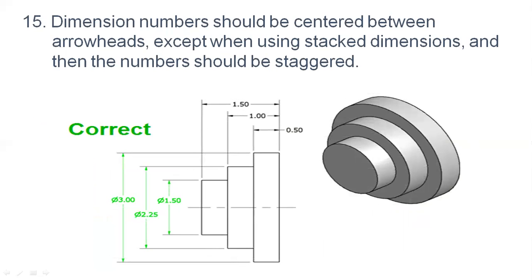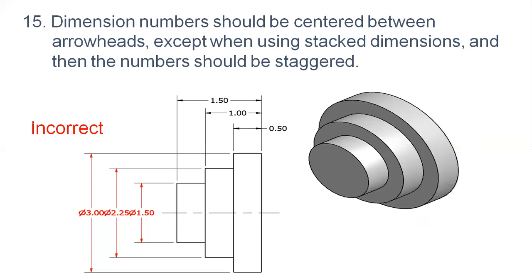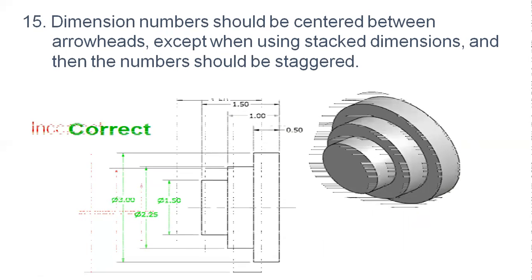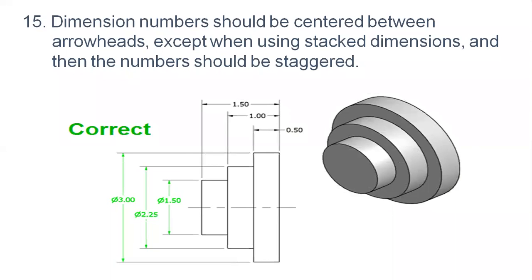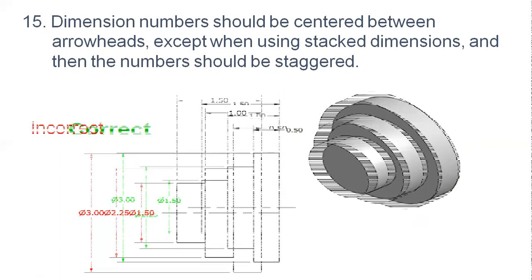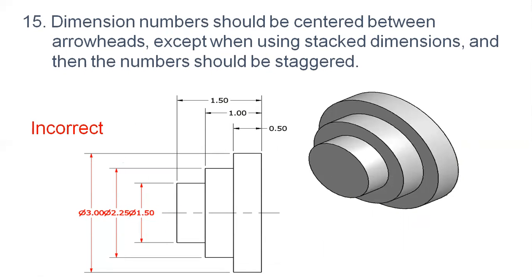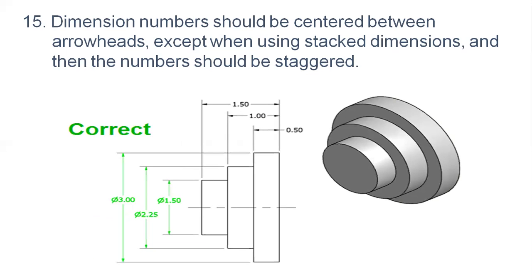Dimension numbers should be centered between the arrowheads, not vertically. Here is the correct way of dimensioning. It should be separated between the two dimensions. Two dimensions should not mix together. You should show the diameter of that particular circle or hole separately. This is the correct way of dimensioning.